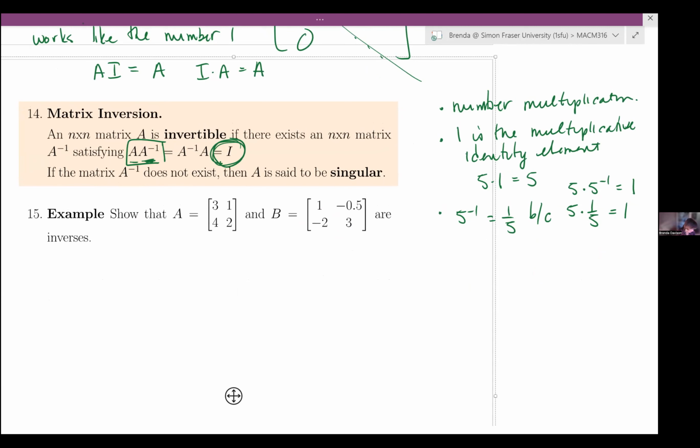To show that something is an inverse, I also see that I made a correction here, since I first typed this slide up, so I've changed that to a -1.5.